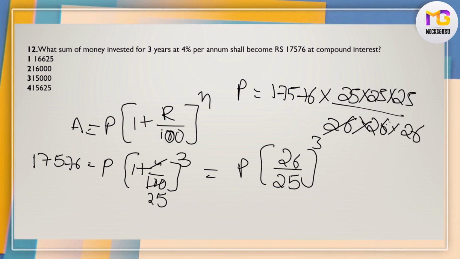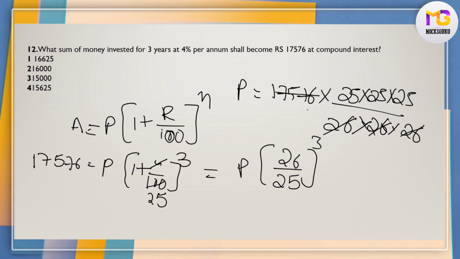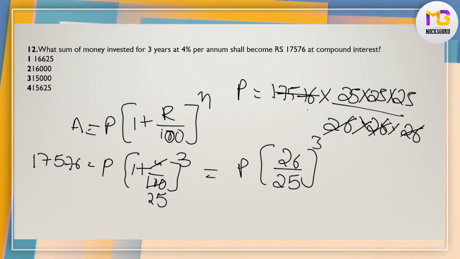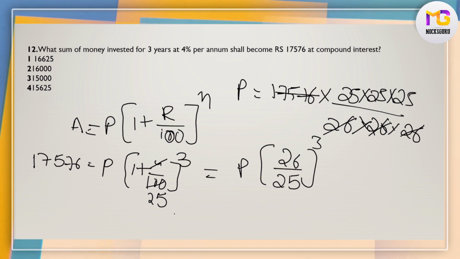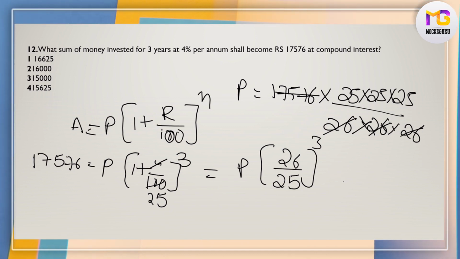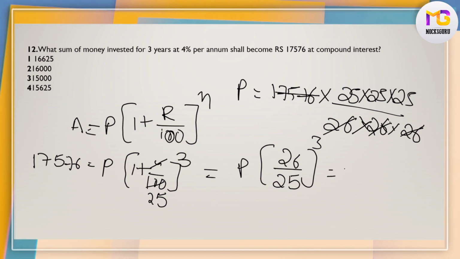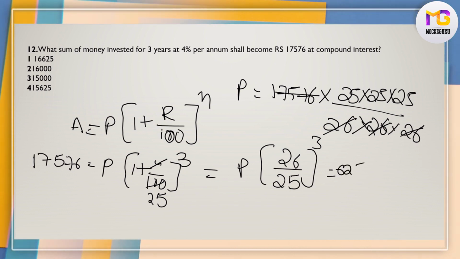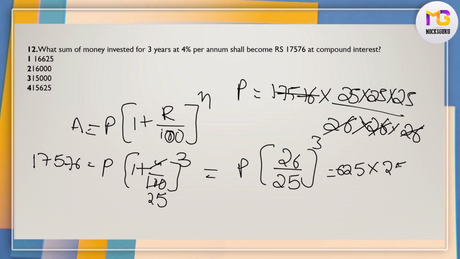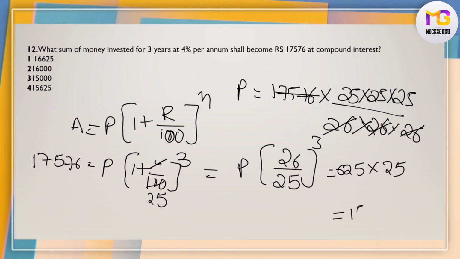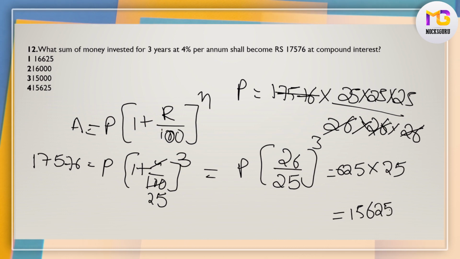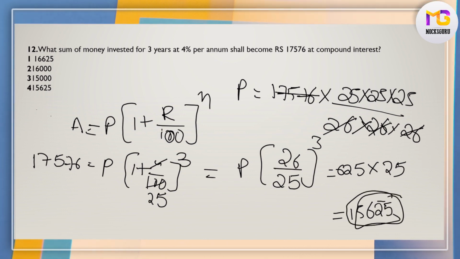We can cancel it. We'll get 17576, so it will get cancelled. Then we'll be left with 25 into 25, three 25s. 25 whole cube would be 625 into 25, which is nothing but 15625. So the answer is option 4, 15625.